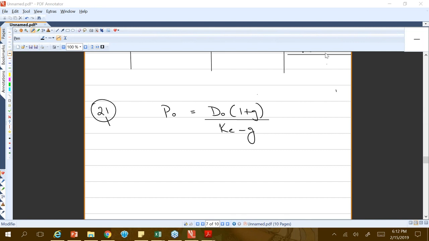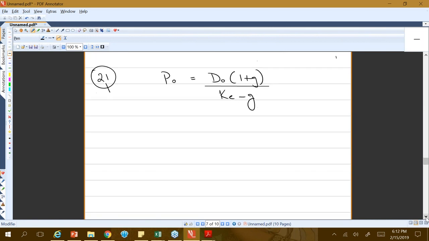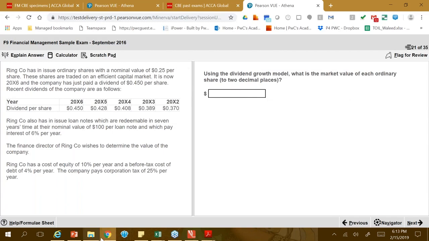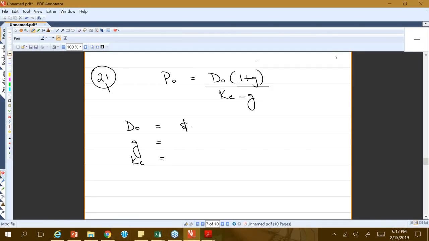There are 3 things we need here. We need information about the dividends, we need the growth, and we need the Ke. Do we have the current dividend here? Yes, we have the current dividend, which is 0.450.